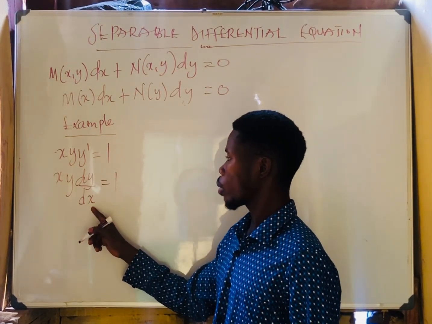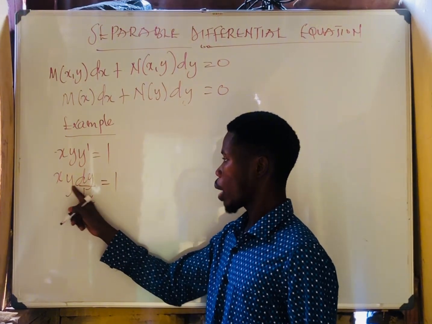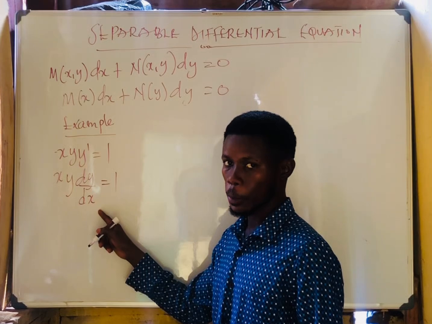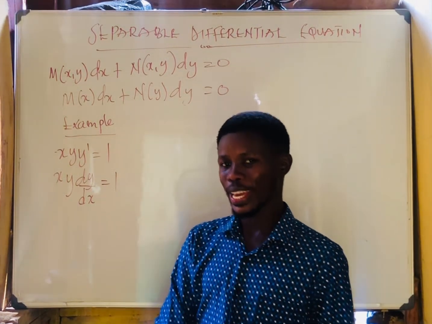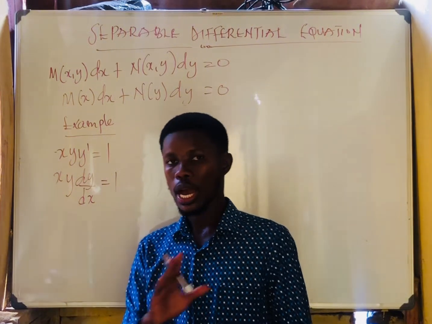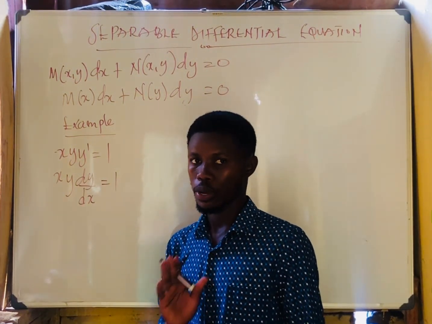Now looking at this one, this is not separable because we have x and we have y multiplying dy/dx. Is that okay? So what is going to happen is that we group the dx and its function x at one place, and the dy and its function y at one place. That's what we are going to do.